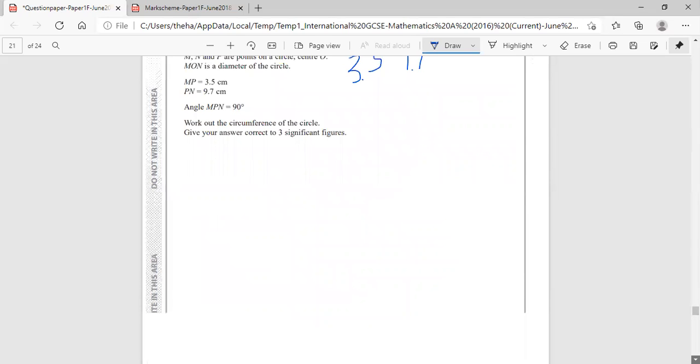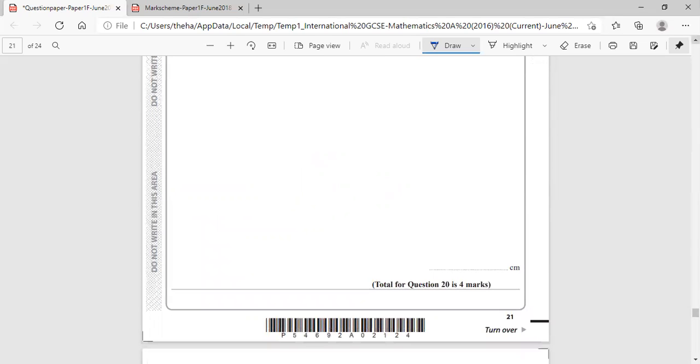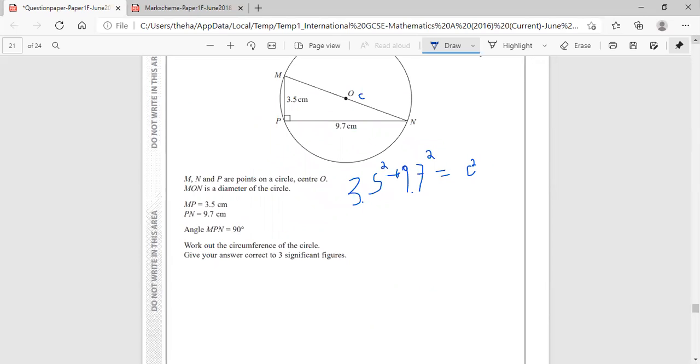So let's just check how many marks this is. 4 marks. So put that in your calculator. 3.5 squared plus 9.7 squared will give you 104.33. And then if we want to work out C, what we need to do is square root that, because C is C squared.